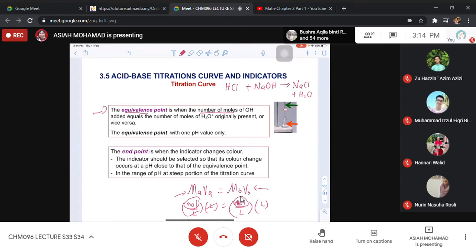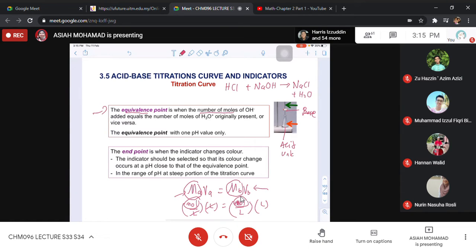So upon achieving the equivalent point, we can calculate either of these two molarities by using the info that we have obtained. Let's say this one is the acid, this is the base, and this is the unknown concentration of acid.